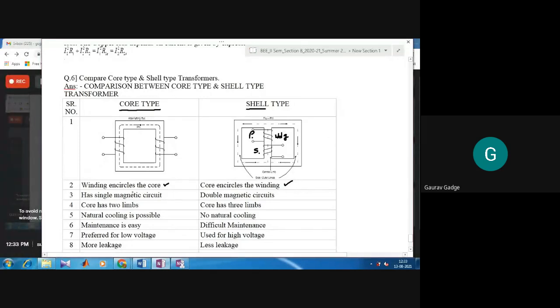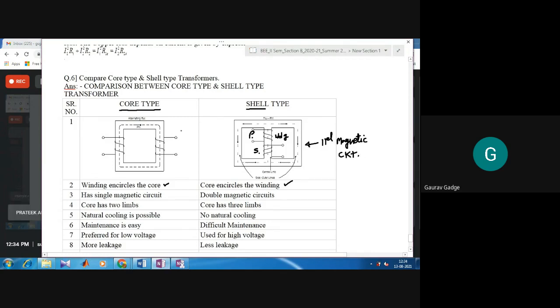Now the other headings are given as single magnetic circuit and double magnetic circuit. Generally, this type of transformer core is also referred to as a parallel magnetic circuit, like series magnetic circuit and parallel magnetic circuit. This is the type of parallel magnetic circuit.